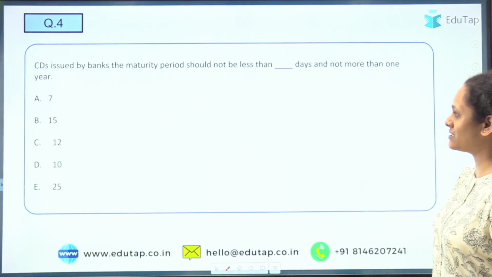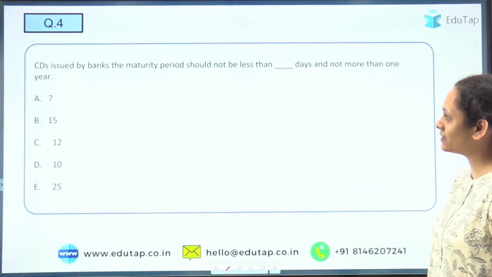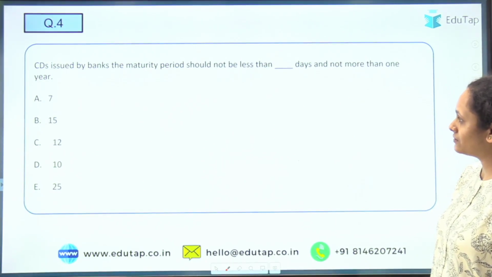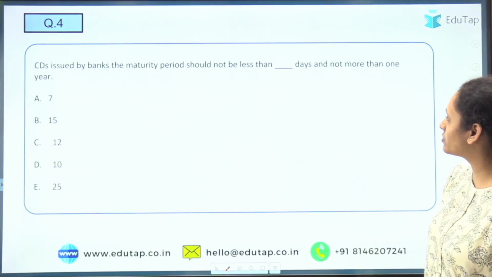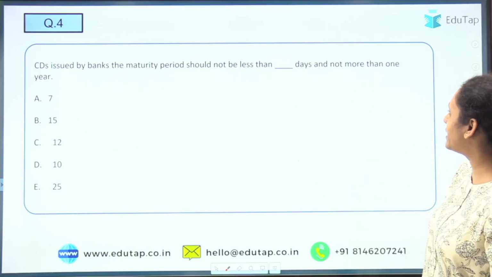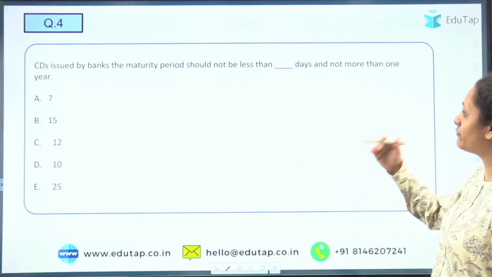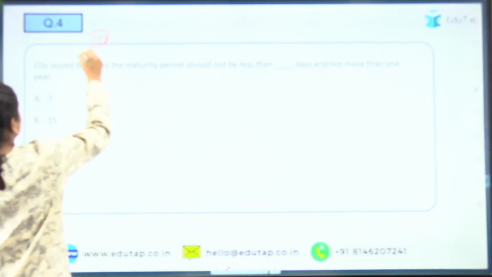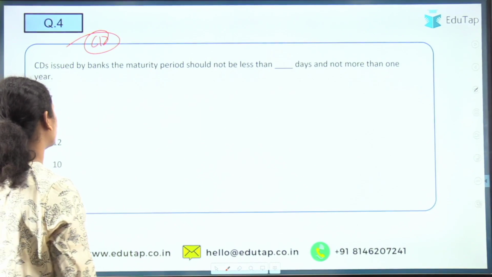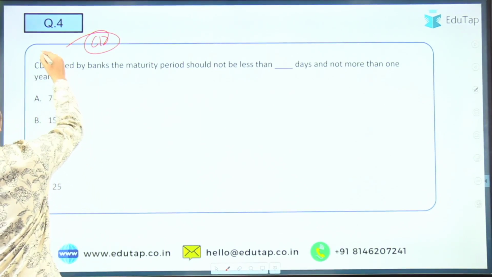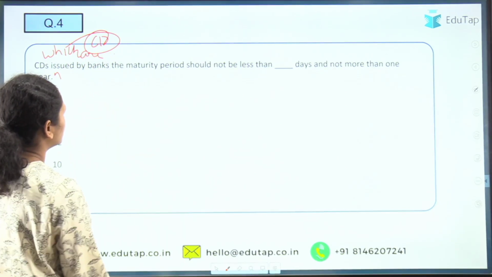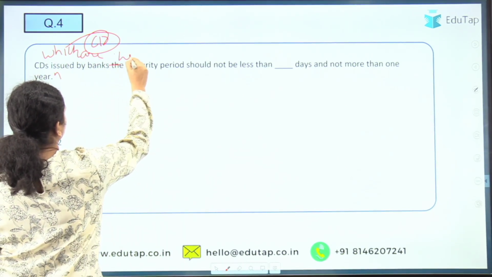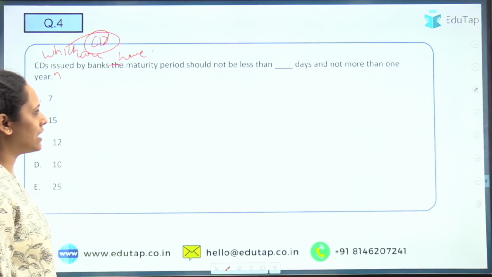The question asks that the CDs issued by banks, the maturity period should not be less than dash days and not more than 1 year. See, इस question में क्या है ना, CDs कौन issue करता है ना, उसके हिसाब से maturity period decide होती है. तो CDs which are issued by banks have a maturity of minimum how many days is the question asking you.